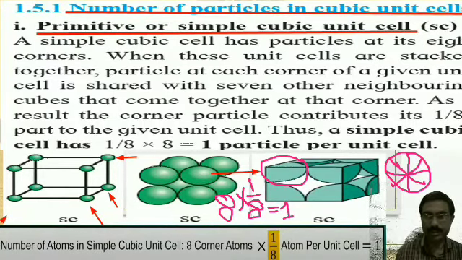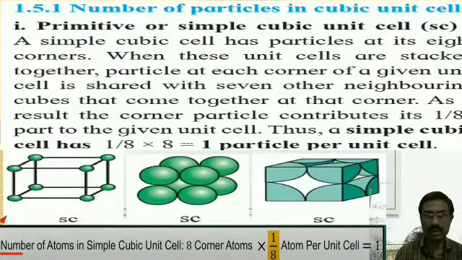We can say that the number of atoms in a simple cubic unit cell is equal to 1. This is the number of atoms present in a cubic unit cell.